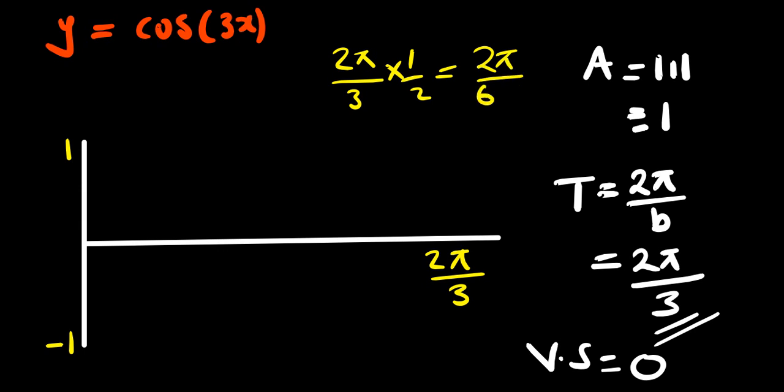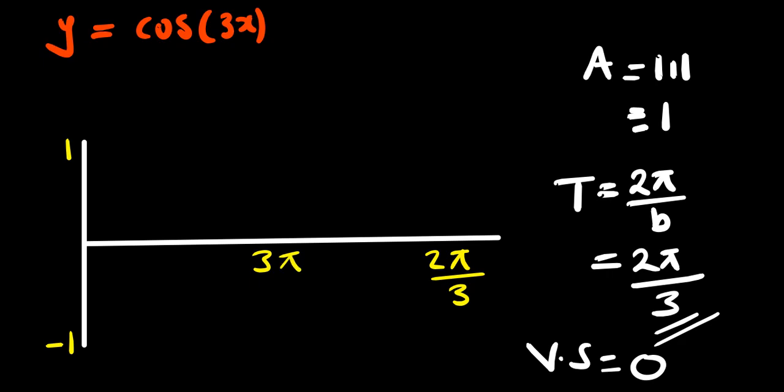This can be reduced further: 2 into 2, that is a 1, 2 into 6, that is a 3. Oh actually we have pi over 3. So we have pi over 3.